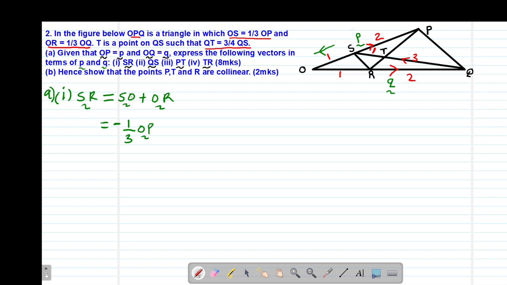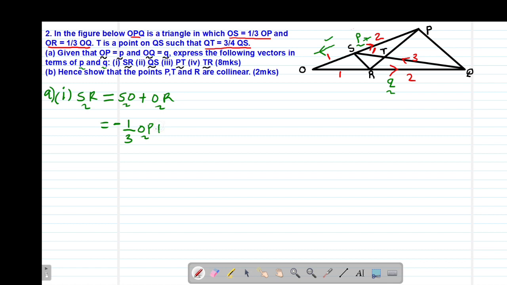So remember, SO is negating the direction of OP. That is why I'm introducing a negative here. But if they were moving in the same direction, then it will just be a positive. Therefore, SO will be 1 divided by the total ratio, which is 3, of vector OP, but negative because this direction is reversing the original direction, which was moving upward.